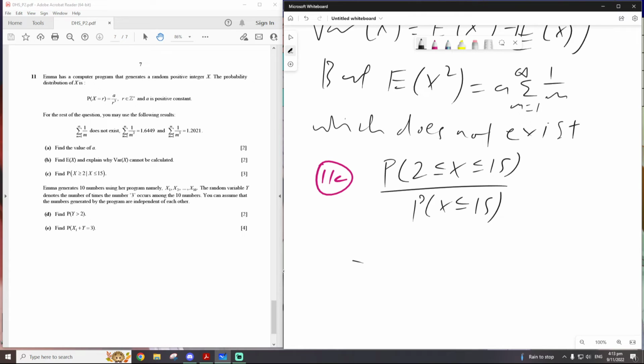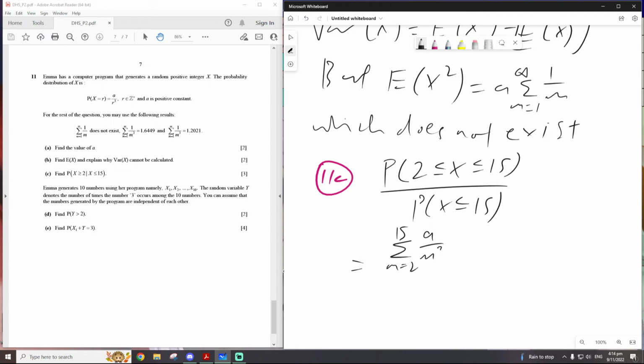Also can. This gives you the sum, m equals to 2 to 15 of, so this is actually, the a's will cancel out, but you can do a sum over 1 over m cube. Actually no, the a was inside.